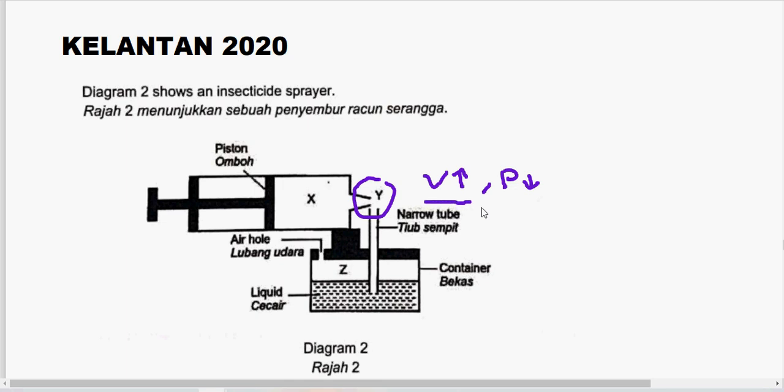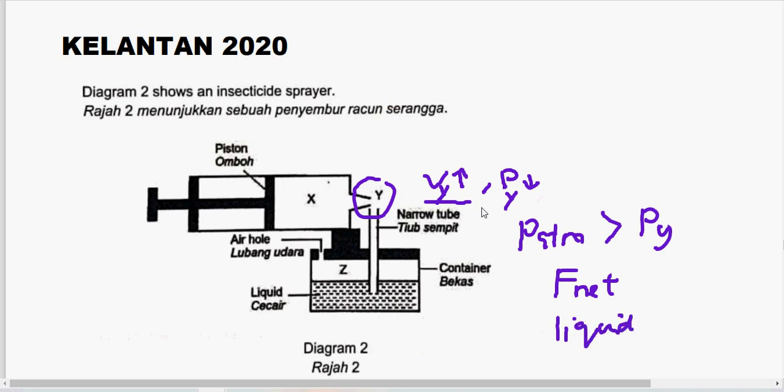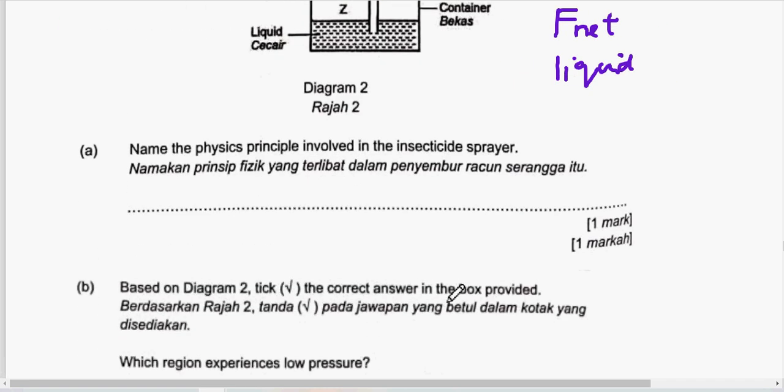Velocity at Y greater, pressure at Y will be smaller. Then P atm will be greater than P at point Y. So a net force is produced and the liquid will be pushed up here. Hence, you will get a sprinkle of liquid, right?